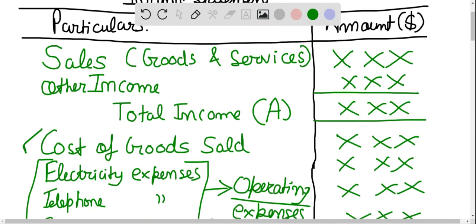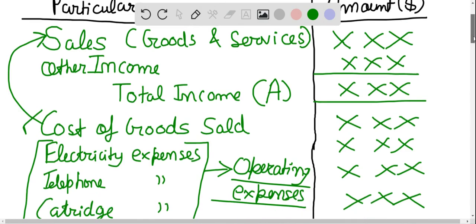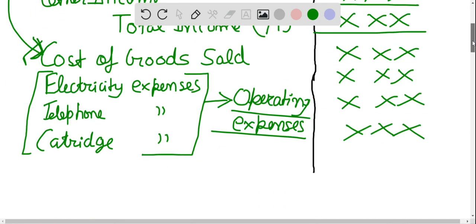Because cost of goods sold is directly related to the sales of goods and services. Let's say there is a business that deals in furniture or electronic products. The cost of raw material to process the finished goods will be considered in cost of goods sold, and any other expenses will be considered in operating expenses.